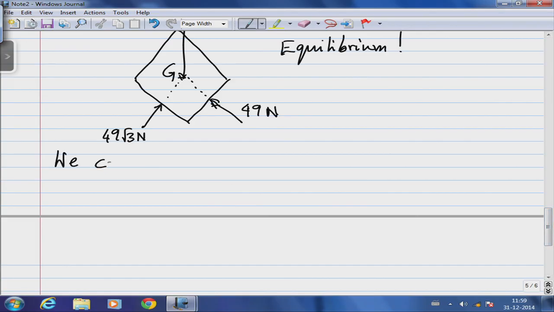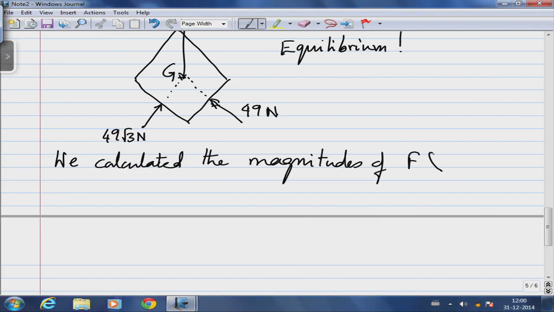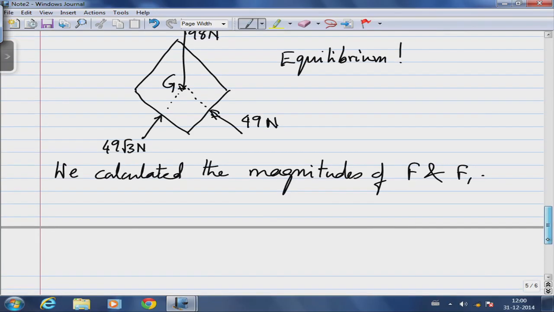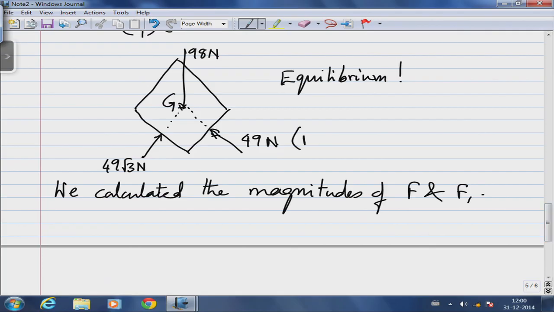Now, in this process we identified or calculated two forces. Okay, let us differentiate between those two. We calculated the magnitudes of both F and F1. So, this is F and this is F1.